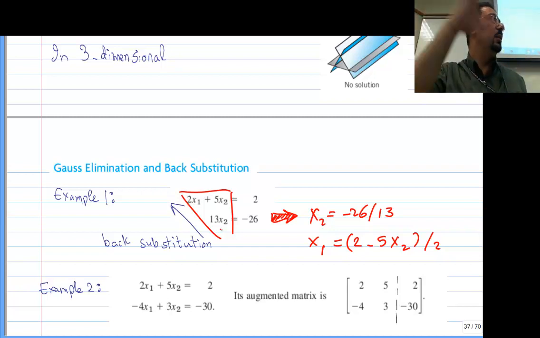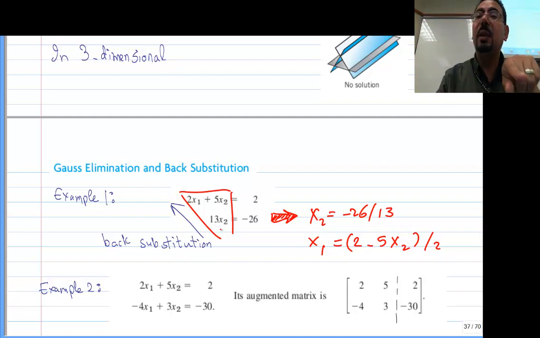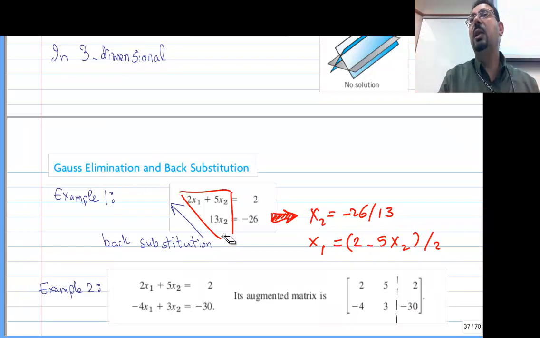So the diagonal and one guy on top, and at the bottom is 0. Why is this very useful for finding a solution? Because if the matrix is in that form, upper triangular or lower triangular, read the last equation for me. 13x2 equals minus 26. You got x2. x2 is minus 26 over 13.